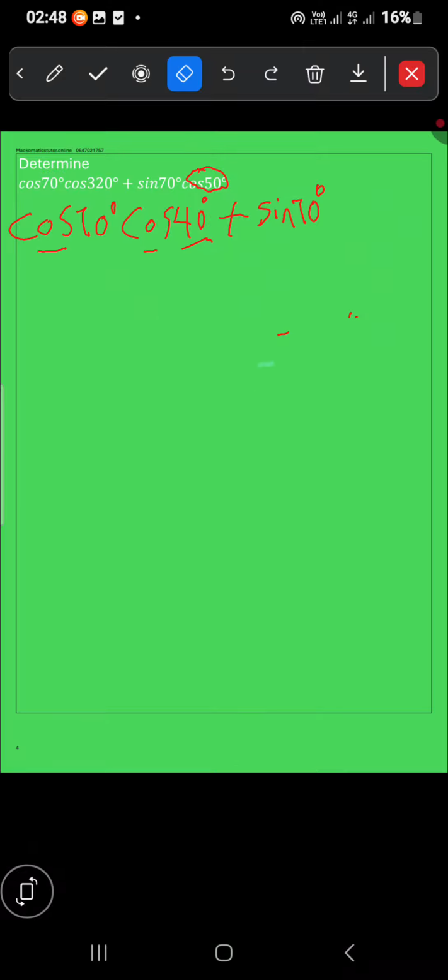So this is the same as sine 40 degrees. Now, if I'm considering to use compound angle identities, already cos has repeated itself twice, sine repeated itself twice, 70, 70, 40, 40.